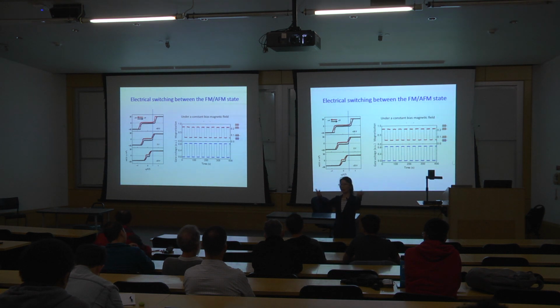You can make it flat, and you can change it. And then one more version we made is to suspend the whole device on a trench. We dig a trench and put it on it, and then we use the backgate using electrostatic force to pull the membrane down to apply strain. But in that case, the strain is not uniform.